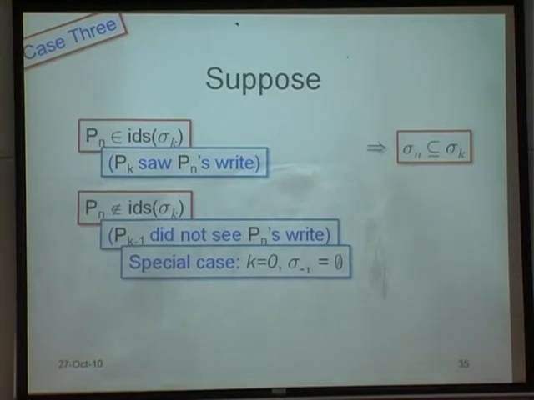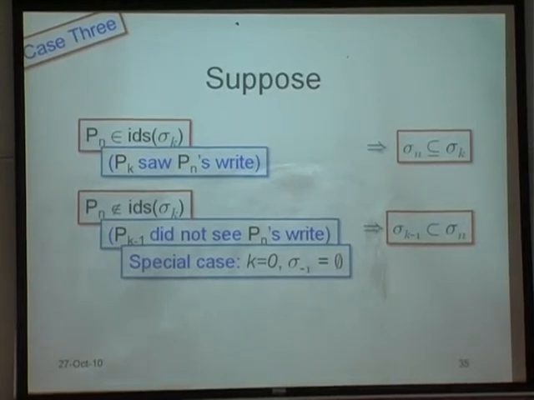So P sub k minus 1 did not see Pn, P sub k did see Pn. And I'm going to argue that there are only two possible things that P sub k could have seen. What we know is that sigma sub n is either contained in or equal to sigma sub k, but we also know that sigma sub k is strictly contained in sigma sub n, because k minus 1 didn't see n, so it can't be contained in it.